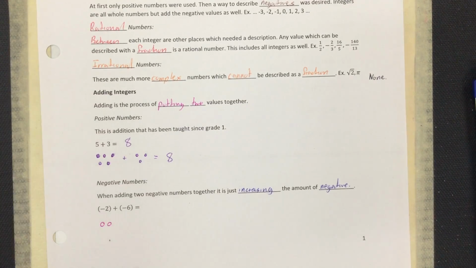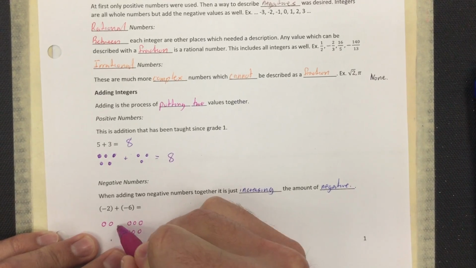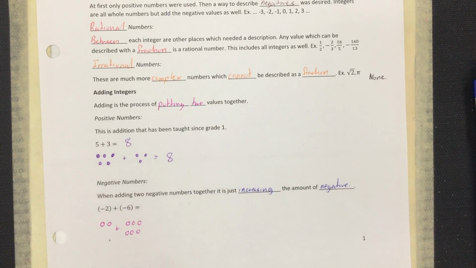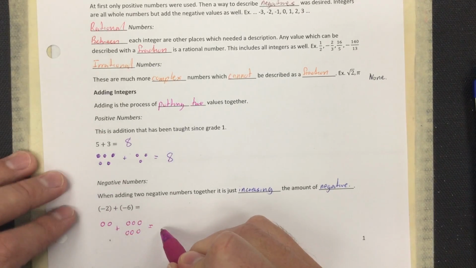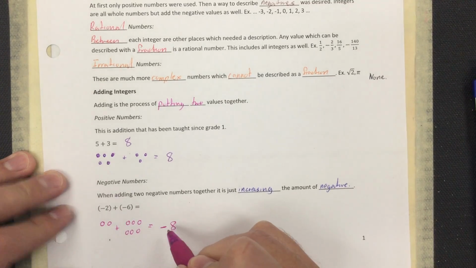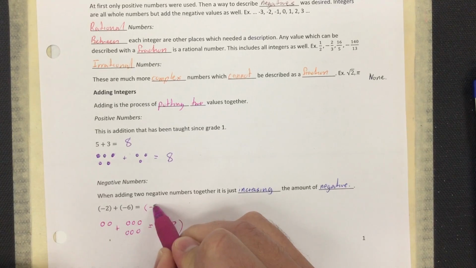If we have 2 empty circles there and 6 empty circles here, all we're doing is figuring out how many empty circles we have. Well, there's 8 of them, and empty means negative, and so we're going to get a value of -8.